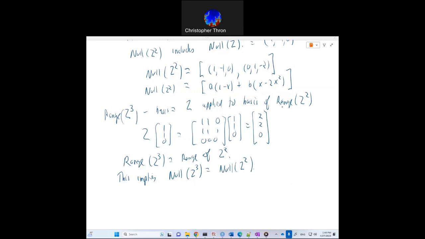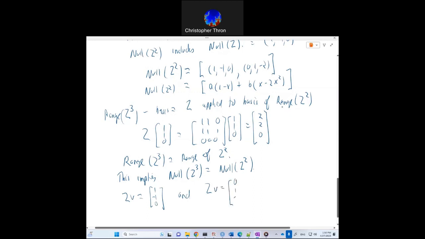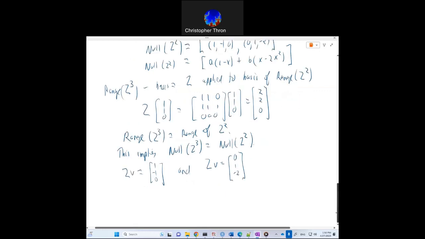So we could simply solve z times v is equal to (1, -1, 0), and zv is equal to (0, 1, -2). And the solutions of these will give me a basis of the null space of z cubed. These are in the null space of z squared, so this is a basis for the null space of z squared.